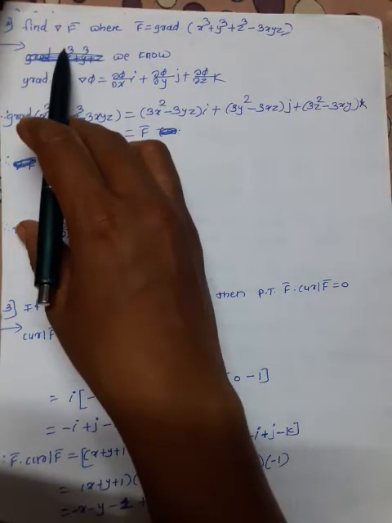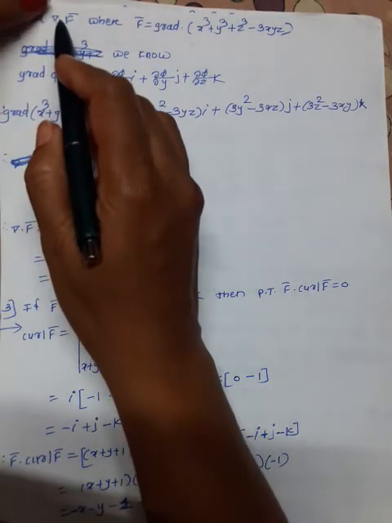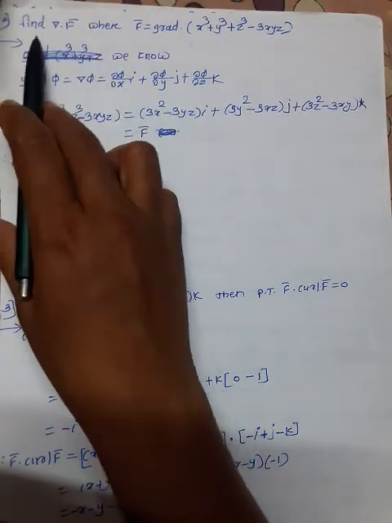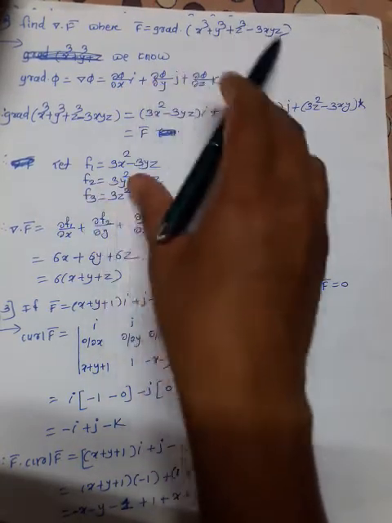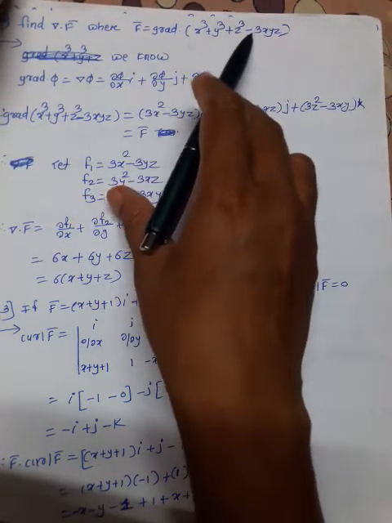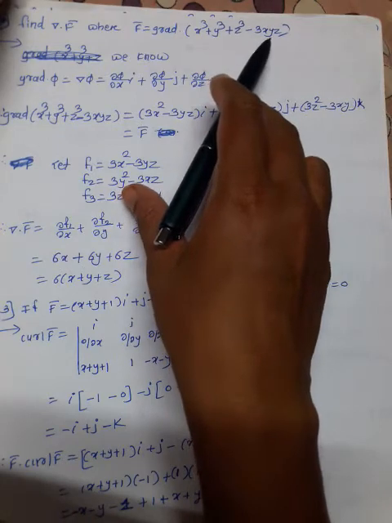Next example: if del dot f bar, meaning divergence of f bar, we have to find the divergence of f bar, where f bar is the gradient of the function x cube plus y cube plus z cube minus 3xyz.